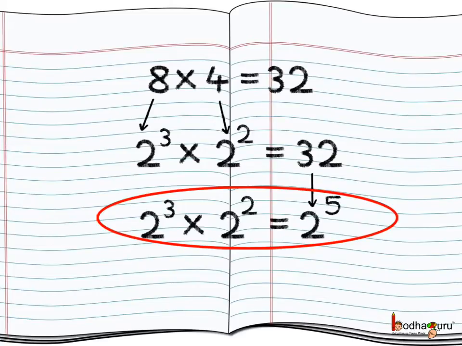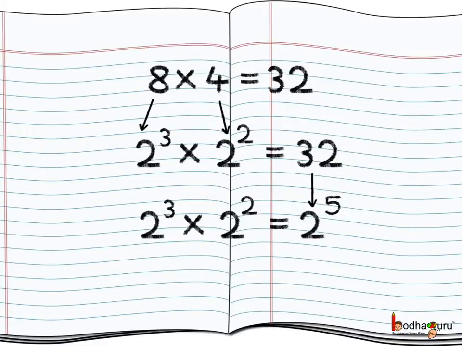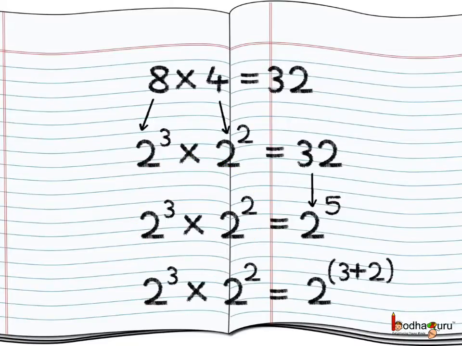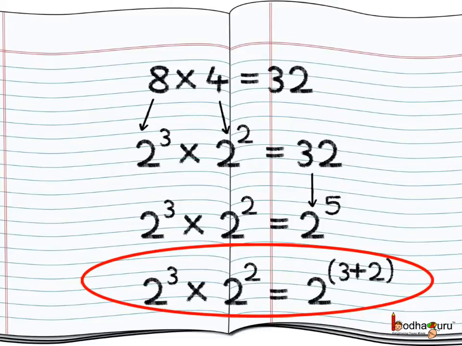See, 2 to the power 3 multiplied by 2 to the power 2 is equal to 2 to the power 5. Here we multiplied two numbers with the same base, which is 2. As 5 is equal to 3 plus 2, we can write 2 to the power 5 as 2 to the power of 3 plus 2.